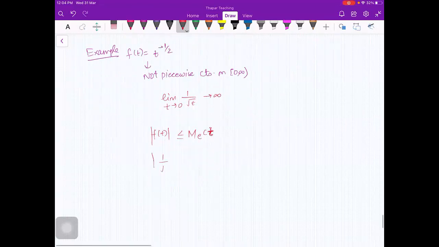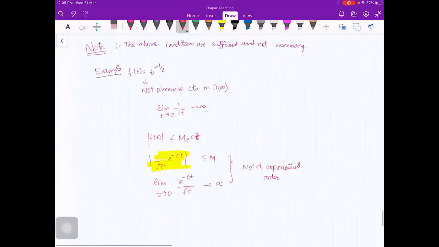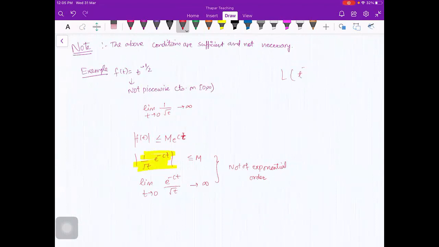So this is 1 by root t e raised to the power minus ct less than or equal to M. But look at this, what will its limit be? The limit as t goes to 0 of e raised to the power minus ct over root t is infinity. Therefore, not of exponential order. So this function is neither piecewise continuous nor of exponential order for t greater than or equal to 0, but its Laplace transform exists. L of t raised to the power minus half is the integral from 0 to infinity of e raised to the power minus st times t raised to the power minus half dt.